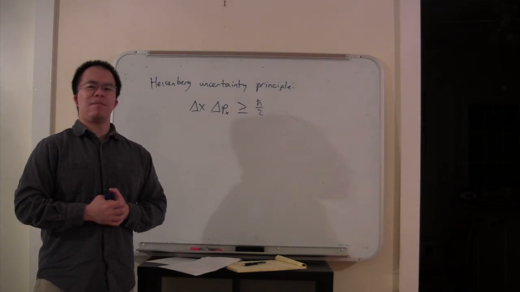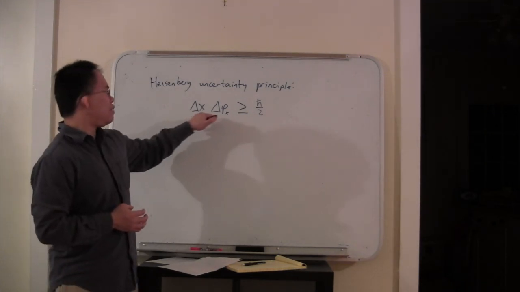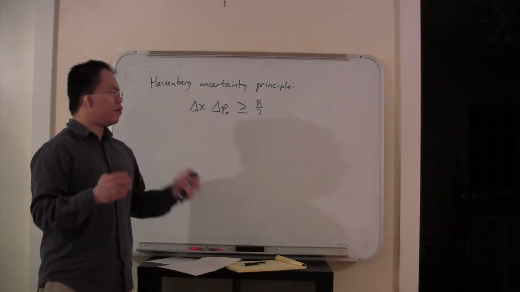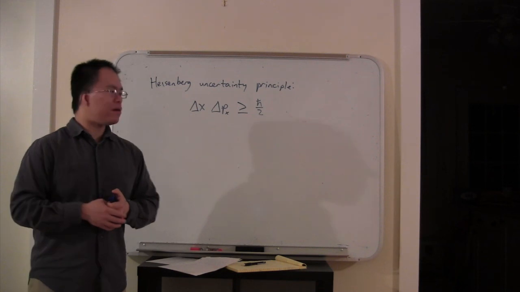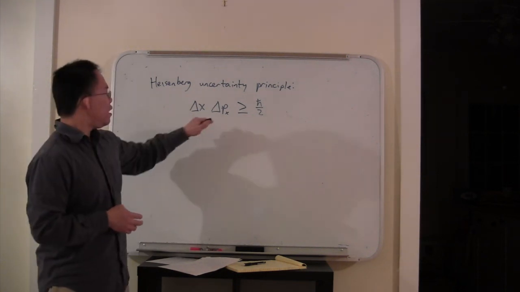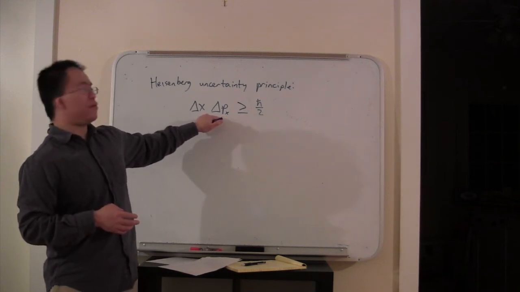So having thought about the clicker question, if we think about the Heisenberg uncertainty principle, if we want to know which particle can have its velocity known most precisely, that means we want delta px to be as small as possible.